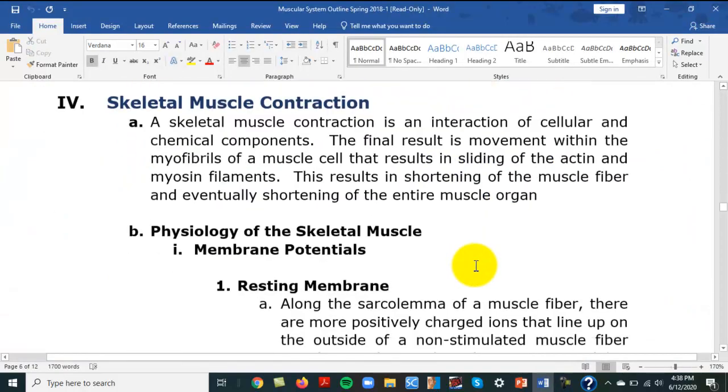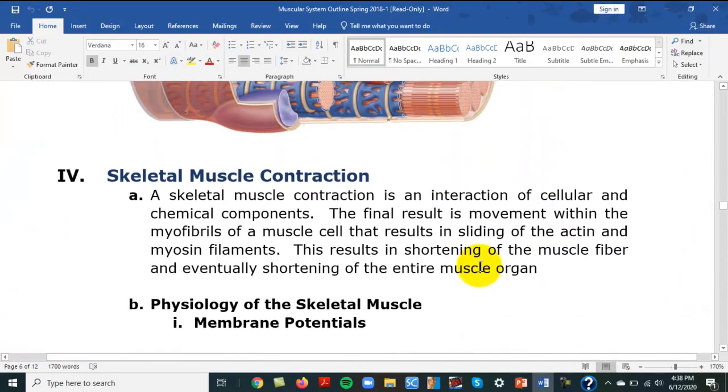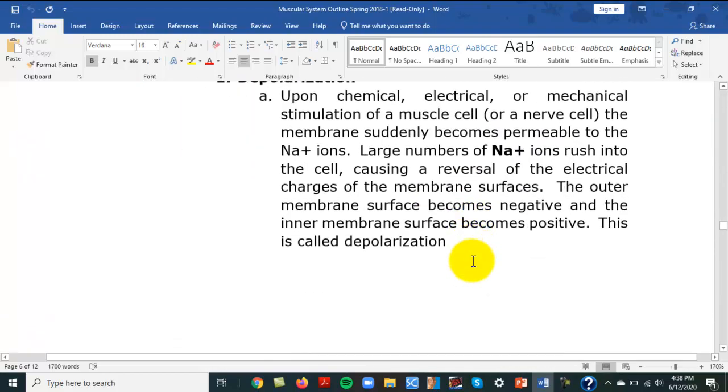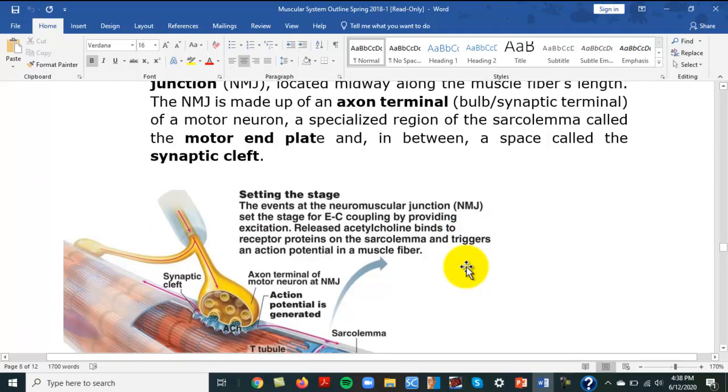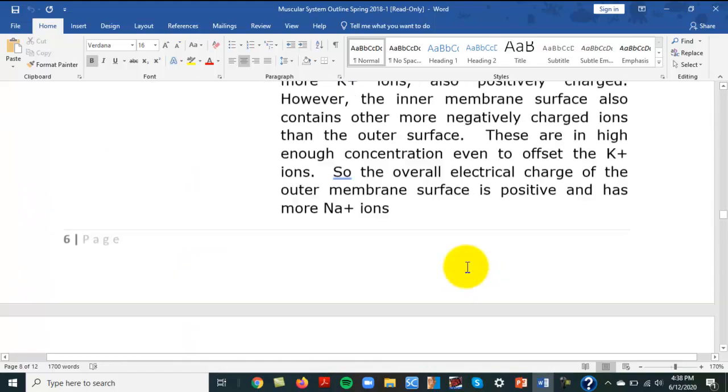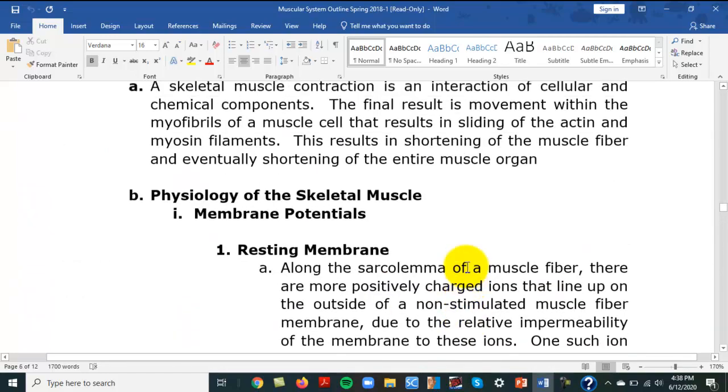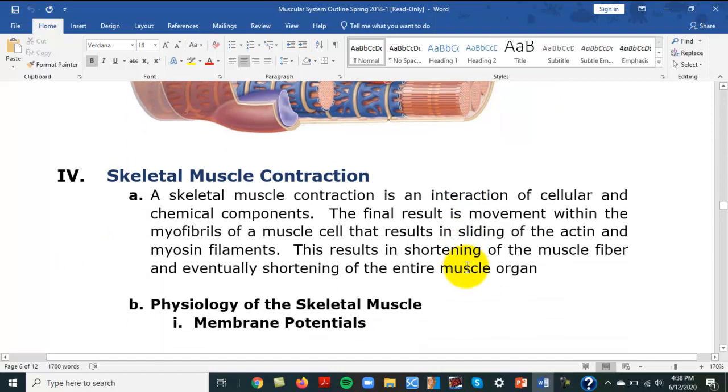Okay, so let's go on to the complicated part of this. I'm going to go through this, and then in the next video we're going to start and go through the whole thing. So, starting here first. A skeletal muscle contraction is the interaction of a cellular and chemical component. It's called a coupling.